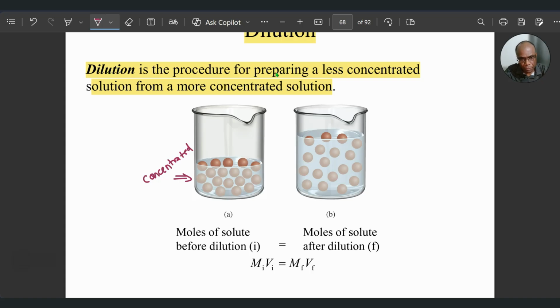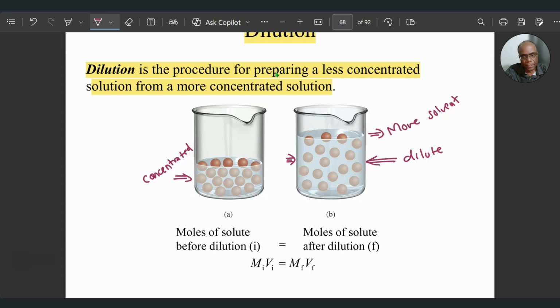Now, if you count the balls, they're probably the same balls that you have here. Assume those balls are the solutes or ions. The only difference here is you have more solvent. So more solvent, same number of solute. This is going to be called dilute.